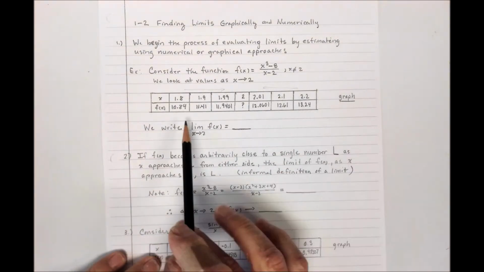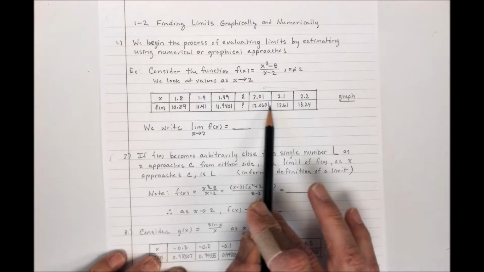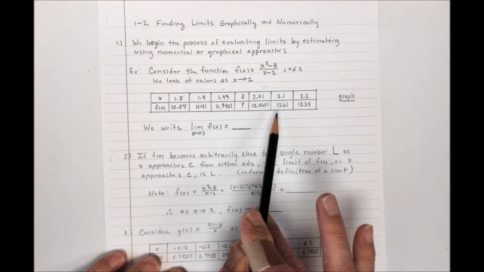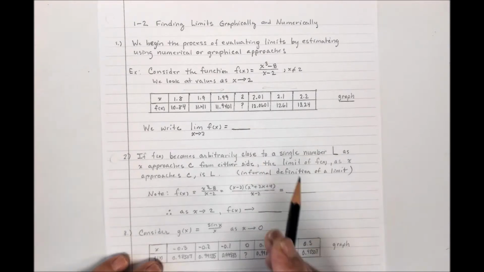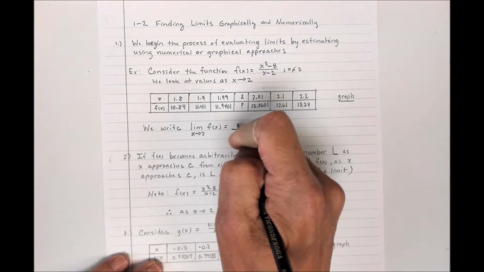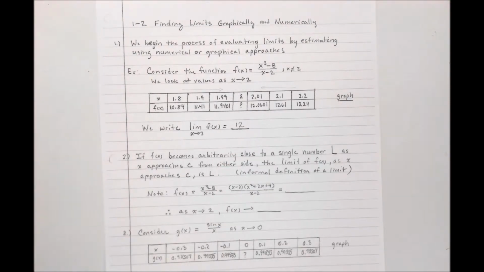And notice what's happening to these y values. These y values are approaching what number? Based on the pattern, it sure looks like these numbers are approaching 11.9 and 12.01. Looks like it's approaching 12. So we would say that the limit as x approaches 2 of f of x equals 12.